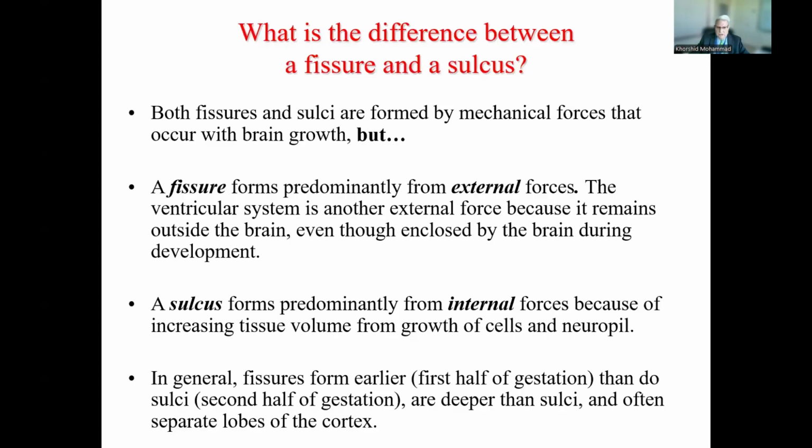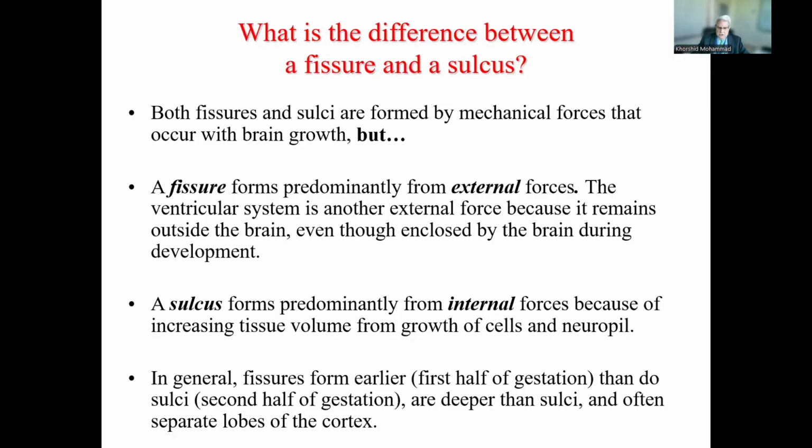And the ventricular system is actually an external force, because even though it's enclosed by the brain during development, it really remains outside the brain and should be considered in the same way as forces external to the brain. Sulci, by contrast, form predominantly from internal forces because of increasing tissue volume resulting from the growth of cells and of neuropil.